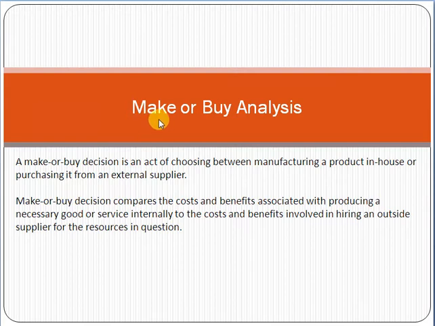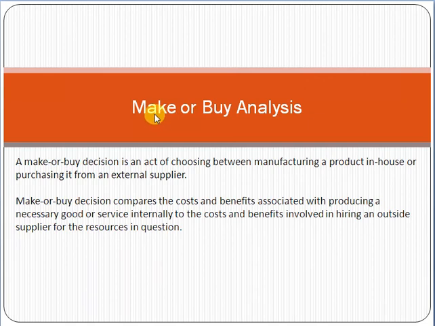Make means that you are using your own resources of software, hardware, licensing, etc., all things will be done by you. So you have to compare whether you have the capability, the cost and the funds available to implement the project by yourself. If you go for that approach, it will be called the make approach.